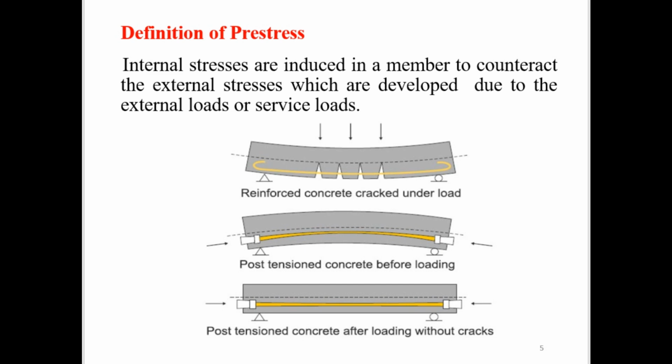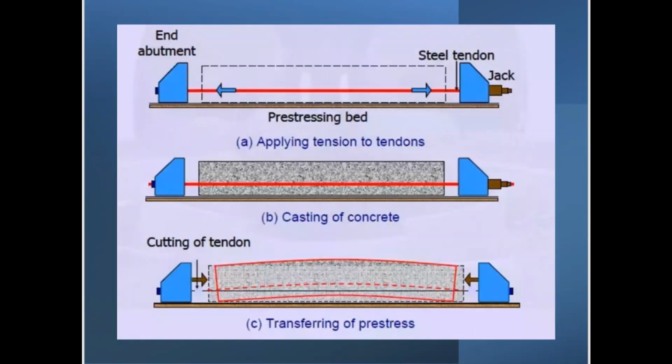So the next slide is about how these pre-stressed members are made. Initially we have the red color you can see, which is nothing but tendons. These will be stretched by using jacks.